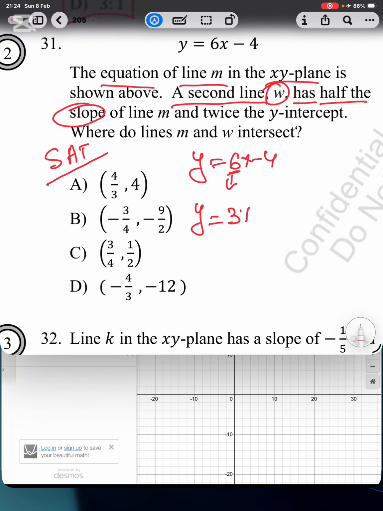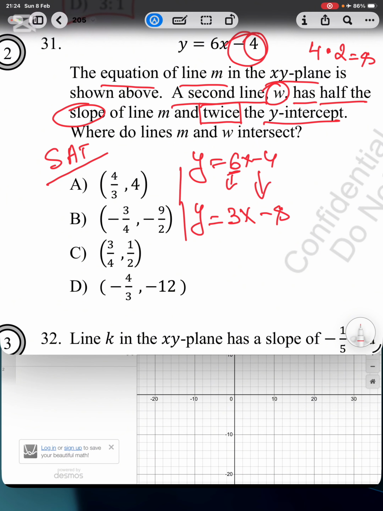It's going to be 3, right? And twice the y-intercept. So minus 4 is the y-intercept of this expression. Twice means 2 times more, so 4 multiplied by 2 is 8, right? So it's going to be minus 8 then. We shouldn't change the signs.